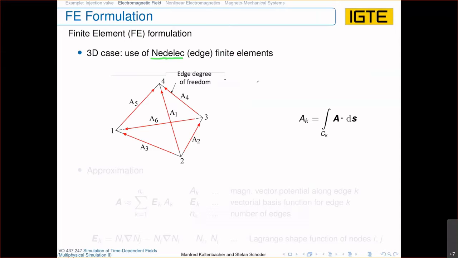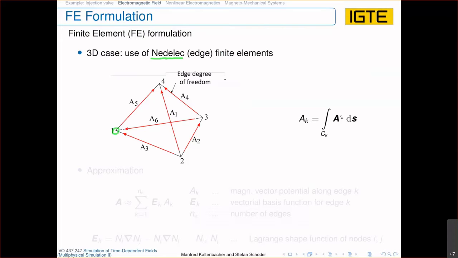Now, edge finite elements are in this sense really different, because as you can see here, the unknowns are along the edges. You know standard finite elements where the unknowns are here at the nodes.